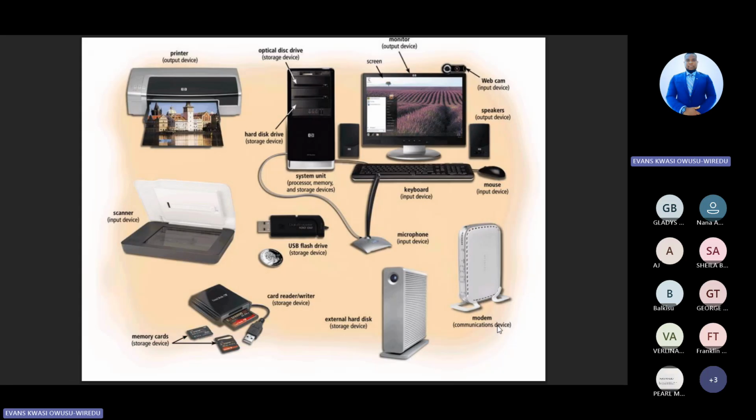You can use card readers through your memory card. You can put them in the card readers and you put them in the machine. Some machines may not take the memory card directly, but through the help of the readers, you are able to put them in and have access to your files on them. And so we say they are storage devices.